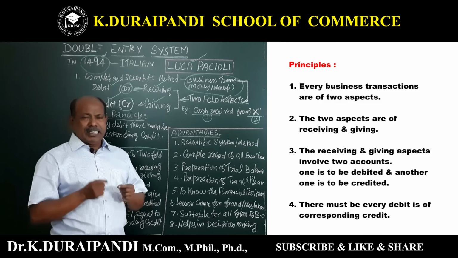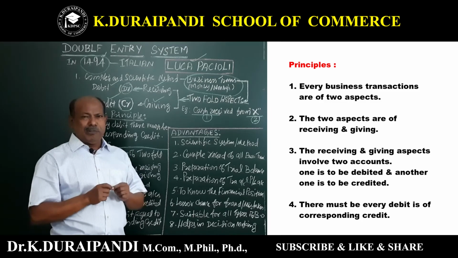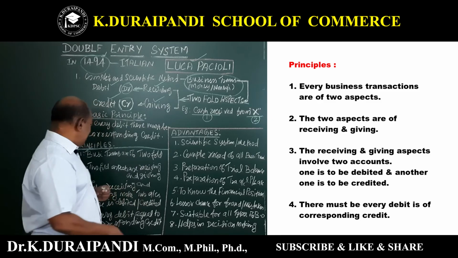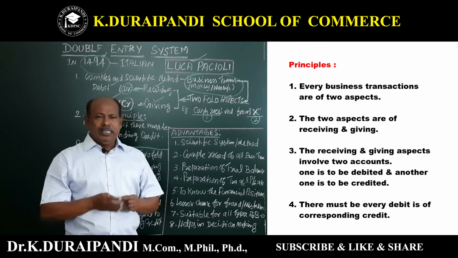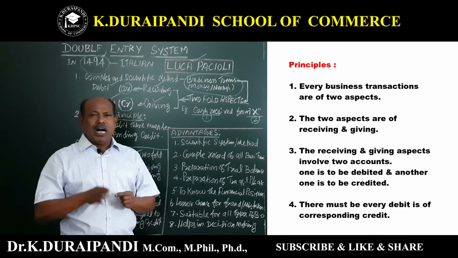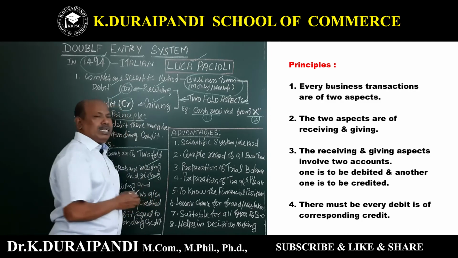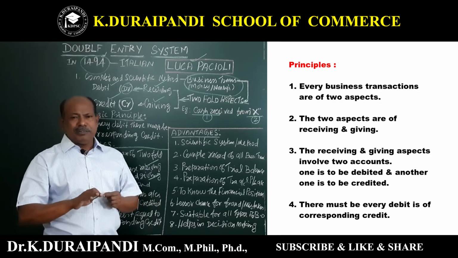That is, it considers every business transaction to be of twofold aspect, that is, twofold accounts. Then the second principle: these twofold accounts are such that one is receiving, another one is giving.